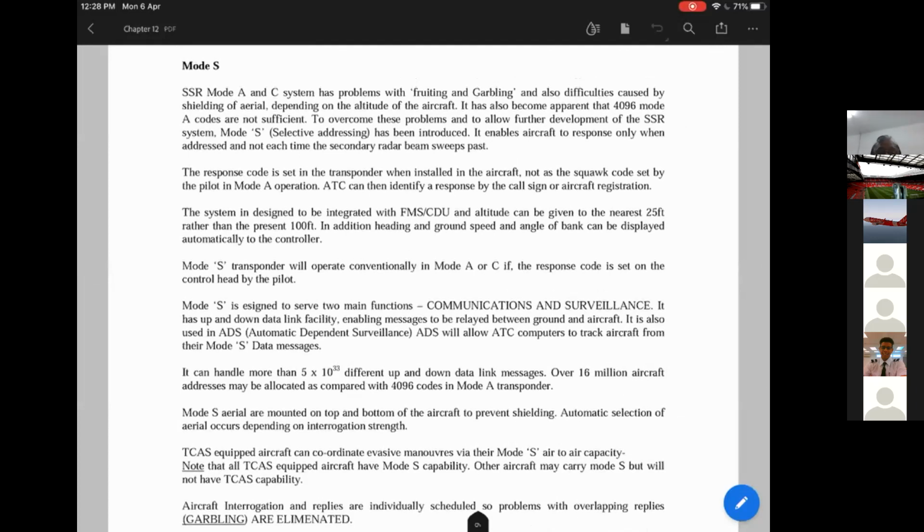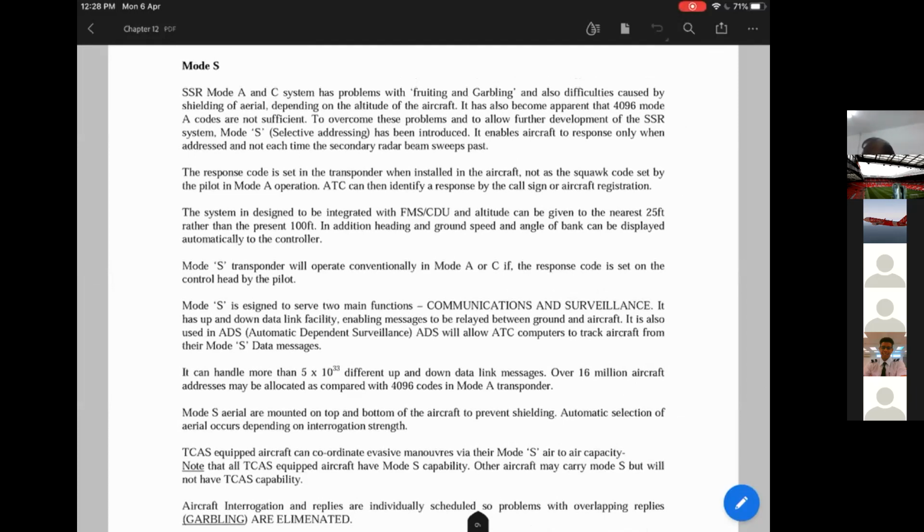Mode S, yeah. Now mode S, as I said, is needed because the number of codes available in A and C are 4096 each. As such, these codes are considered too few. Mode S has no limitation as far as the codes are concerned. A large number of codes are available in the system.